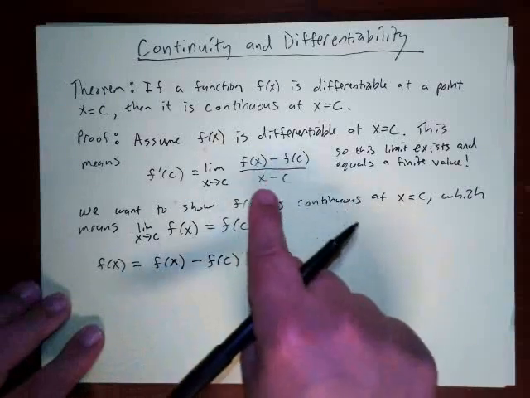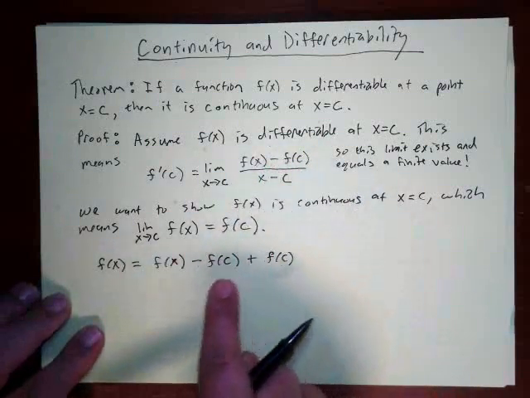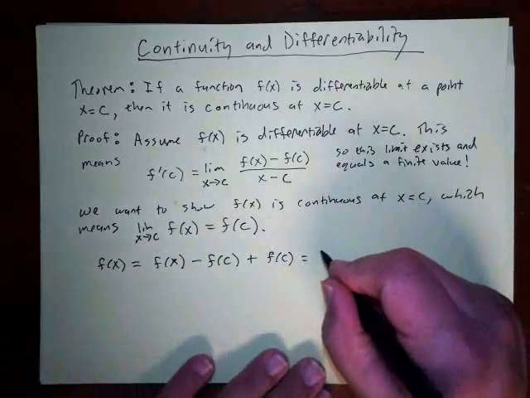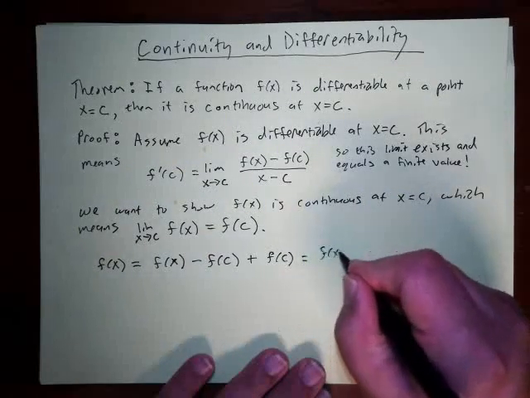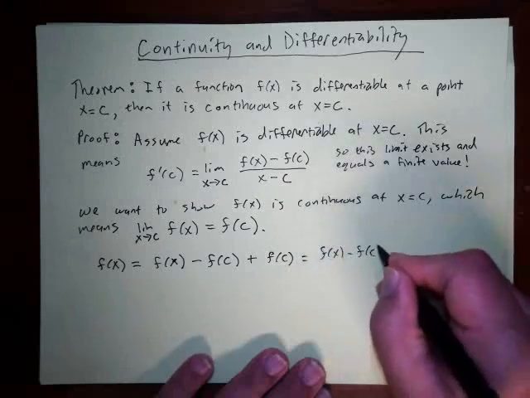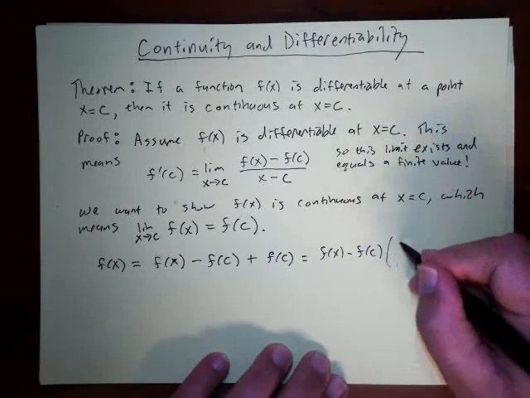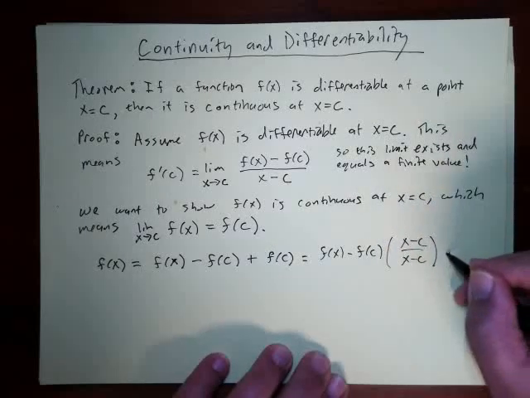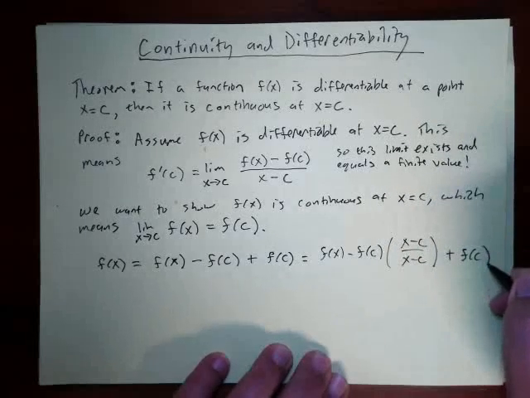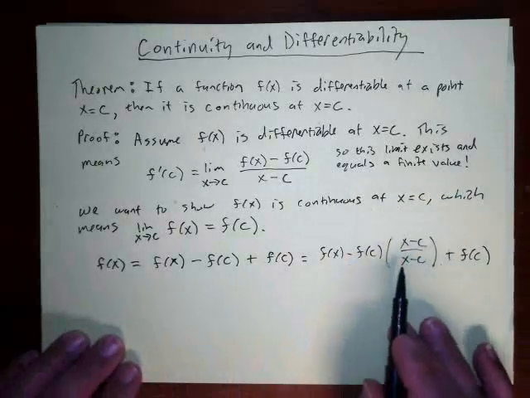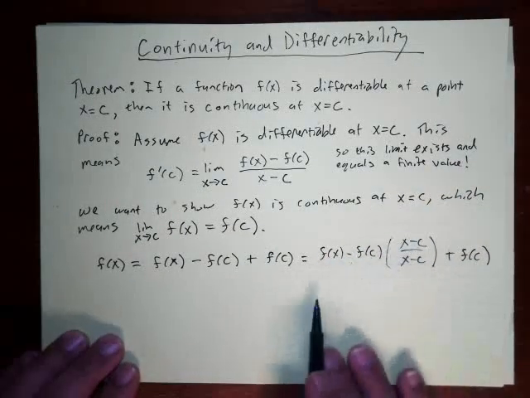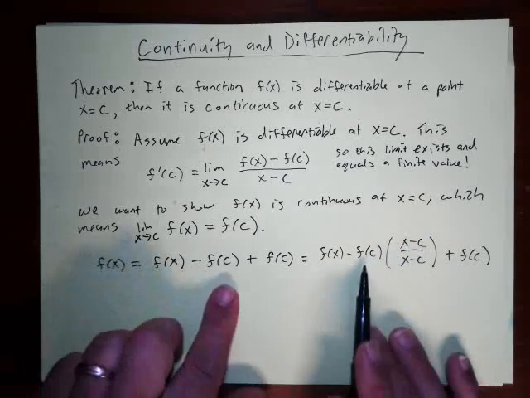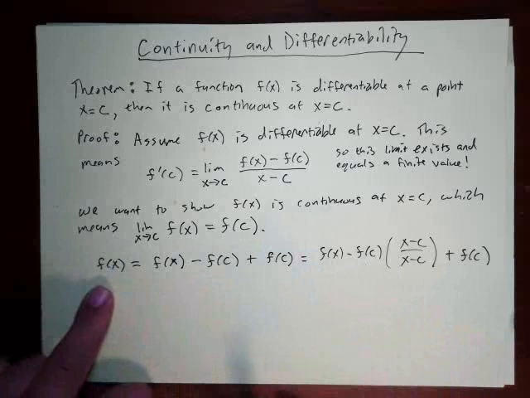So I'm going to need x minus c on the bottom. So I'll take f of x minus f of c, multiply this by x minus c over x minus c, plus f of c. By doing this, I'm just multiplying by 1, and that doesn't change anything.